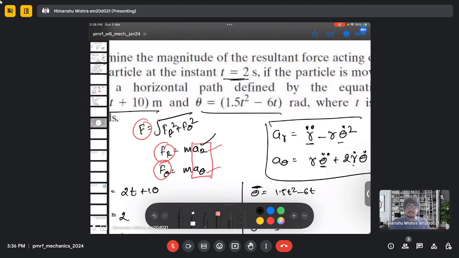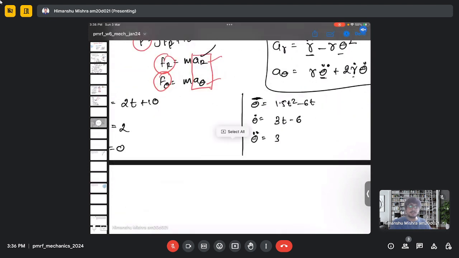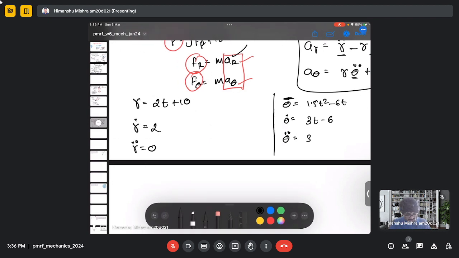Now we need to calculate these quantities at time equal 2 seconds, because we need to find the force at time equal 2 seconds. In other words, we need to find the acceleration at this time. So all the quantities like r double dot, theta double dot, r dot, theta dot, we need to calculate at the given time, which is 2 seconds. My r at time 2 will be 4 plus 10, which is 14. My r dot is 2, which is constant, and my r double dot is 0.